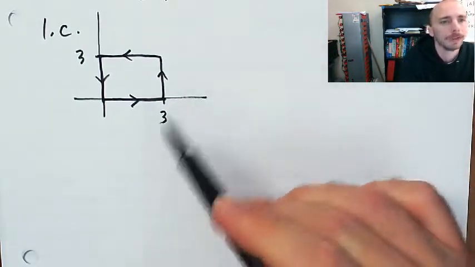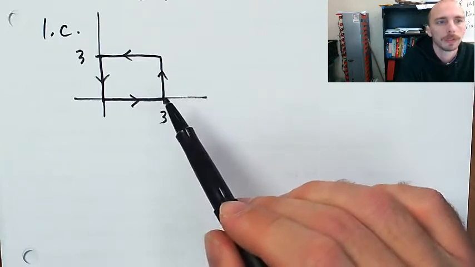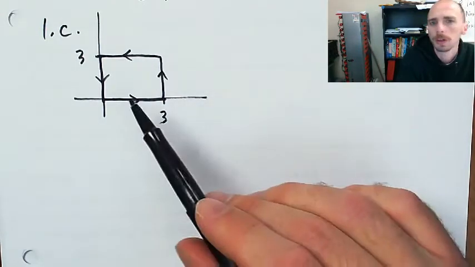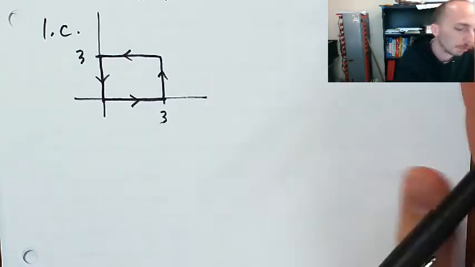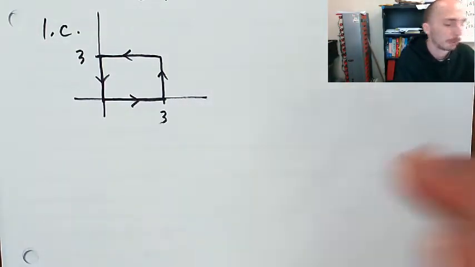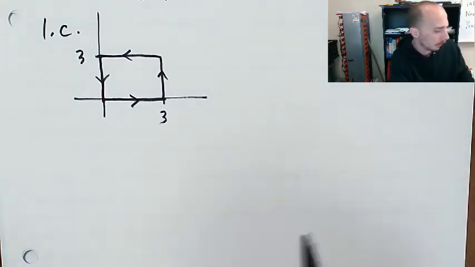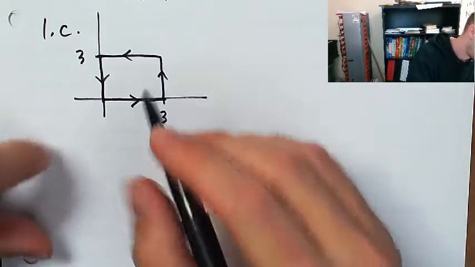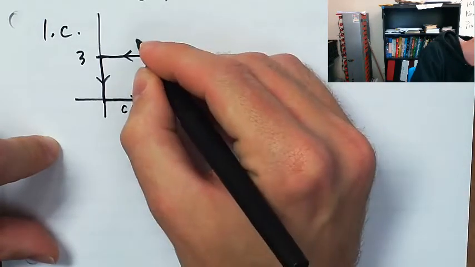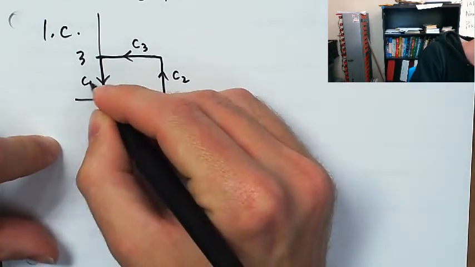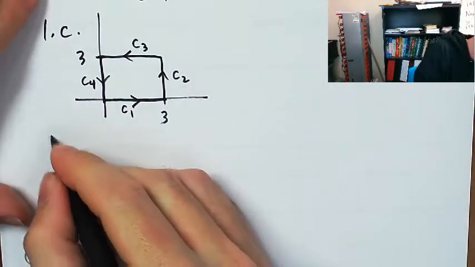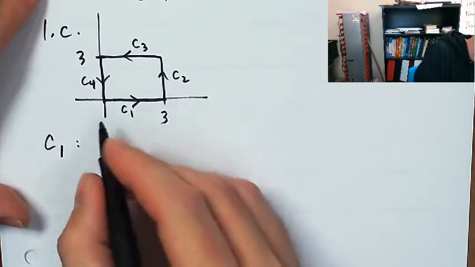Alright, so this one, there's not going to be one equation that we can write that's going to trace out that. We're going to need to split it up into 4 different pieces and write a smooth parameterization for each piece, and that's why it's called a piecewise smooth parameterization. Okay, so I'm going to call this part here C1, call this C2, C3, and C4. I think C1 will be easy enough.